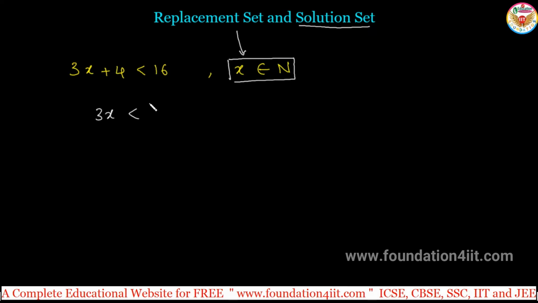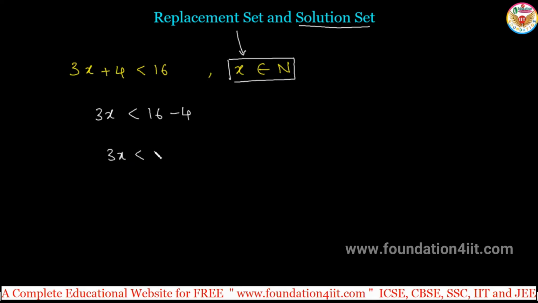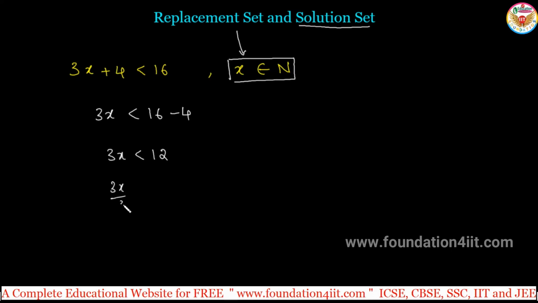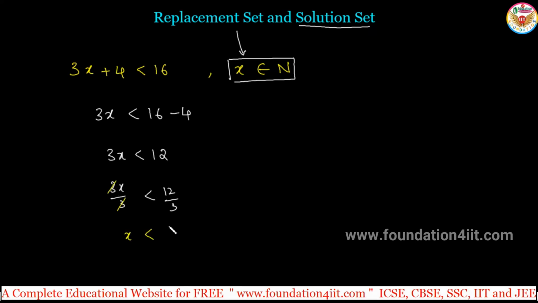So 3x less than 16 minus 4, transposing plus 4. 3x is less than 12. Divide by the positive number: 3x divided by 3, 12 divided by 3. Dividing by a positive number does not change the inequality. 3 cancels, then x is less than 12 divided by 3, which is 4.